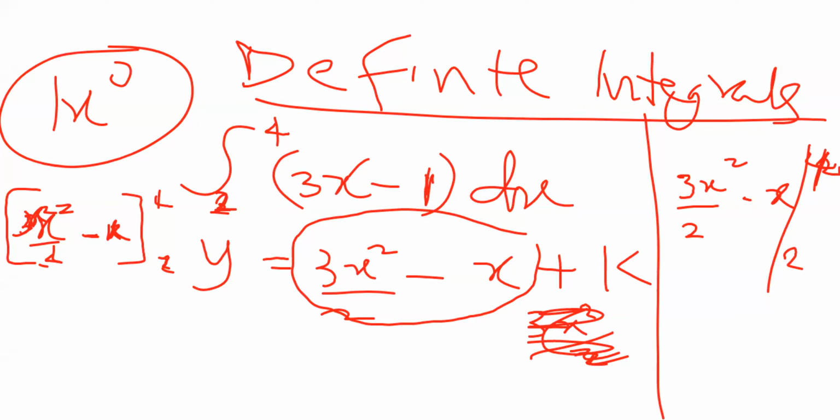Have you copied to this point? If you have done that, what I will just do is 3 into 4 all squared over 2 minus 4. This is the first one.